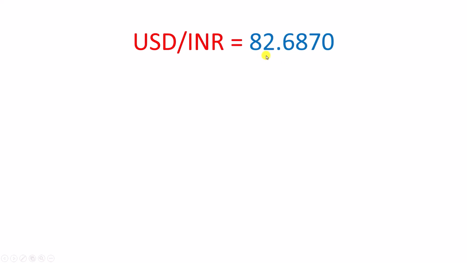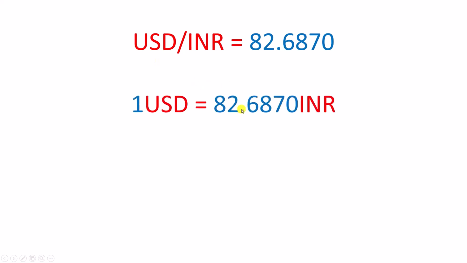This is how many units of INR, or the quote currency, are required to buy 1 unit of the base currency, or USD, or in simple words, 82.6870 rupees INR are required to buy 1 USD.